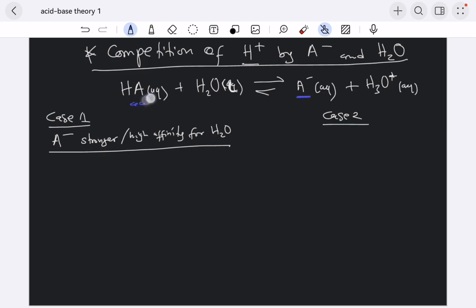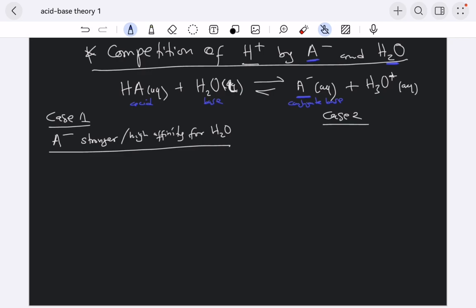Remember, this is an acid, this is a base, and this is a conjugate base. So we have two bases in the reaction: A negative as a base, and water as a base.